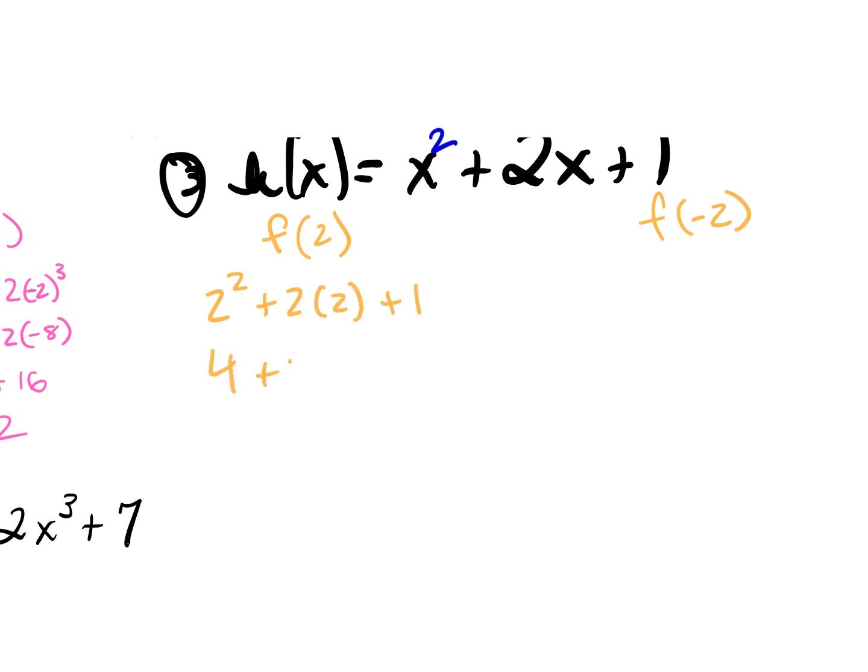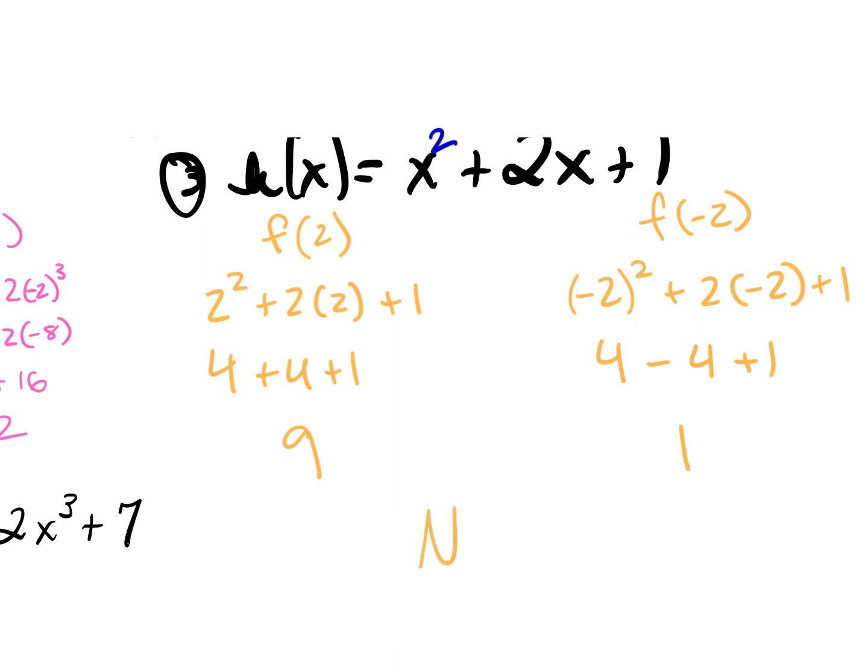So 4 plus 4 plus 1 would be 9. Then I can plug in negative 2. So negative 2 squared plus 2 times negative 2 plus 1. So 4 minus 4 plus 1 would be 1. So these would be different numbers. It is neither.